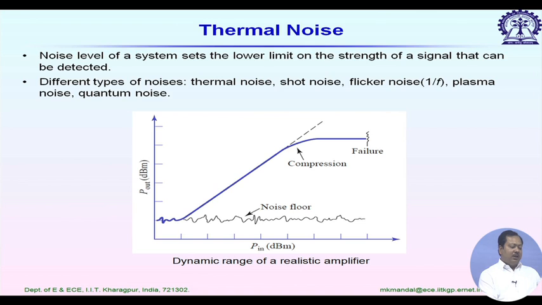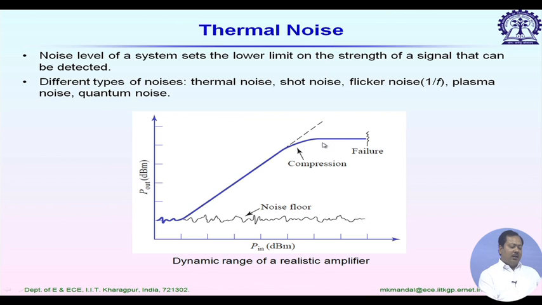If we keep increasing the input power level, at some point the device saturates. This determines the highest input power that can be applied to this component, or to any instrument. If we keep increasing the input power after that, at some point we might burn the component. We call that point the failure point.